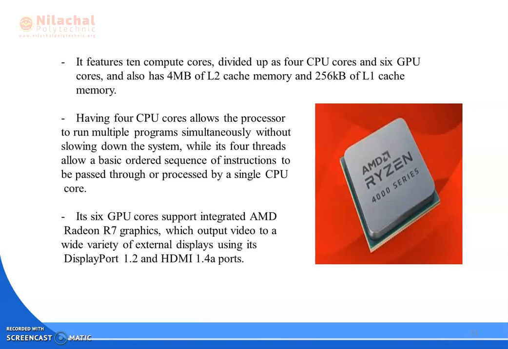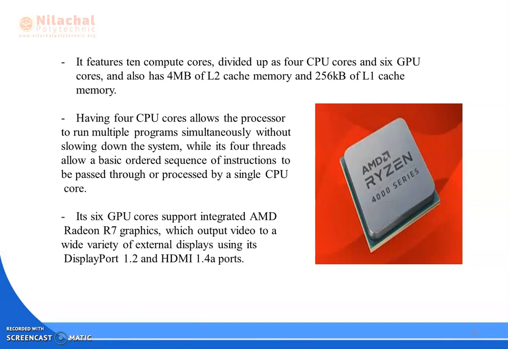So it is an advanced feature we normally find in multiprocessors, that is level 2 cache memory. As we have already discussed, it provides 4 MB of L2 cache memory and 256 KB of inbuilt L1 cache memory.